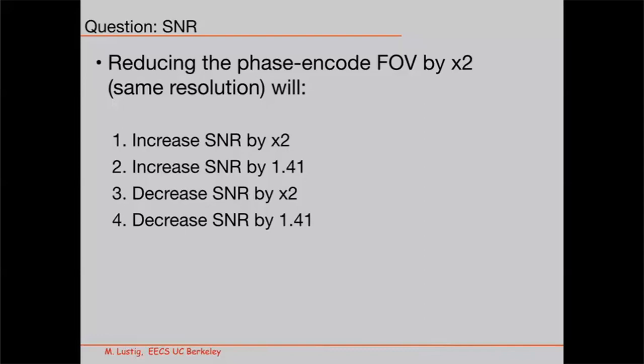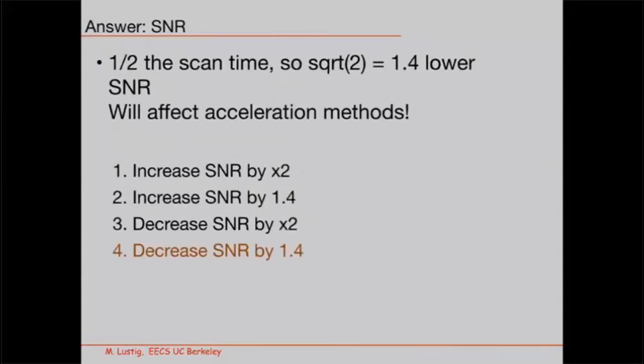Do you want to go for it, Cindy? So it would decrease SNR. Yeah, but how much? By square root of 2. Yeah, all right, perfect. So half the scan time, so pretty much square root of 2 lower SNR, because we're just spending less time collecting data and the resolution is the same.